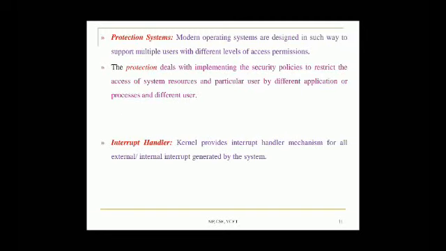Coming to the next service, that is the protection system. This is one of the important services offered by the operating system. In modern operating systems we have a very interesting and important service where access for a user or any user application is limited to certain layers.